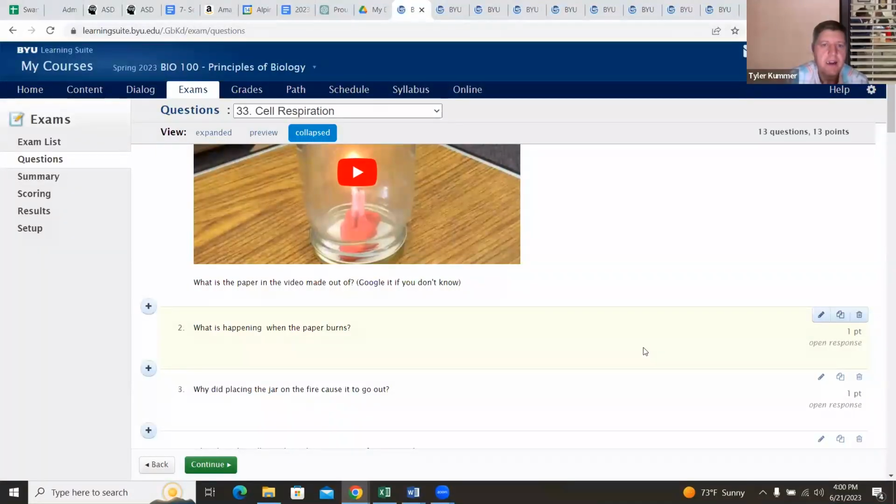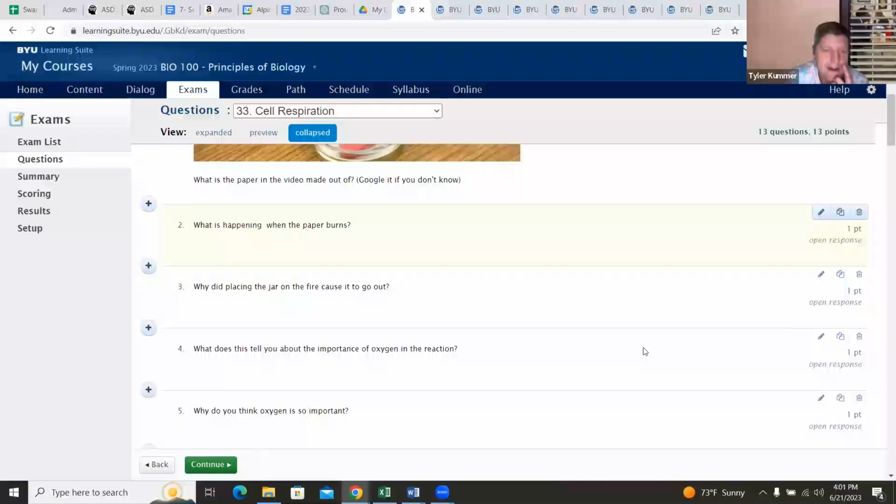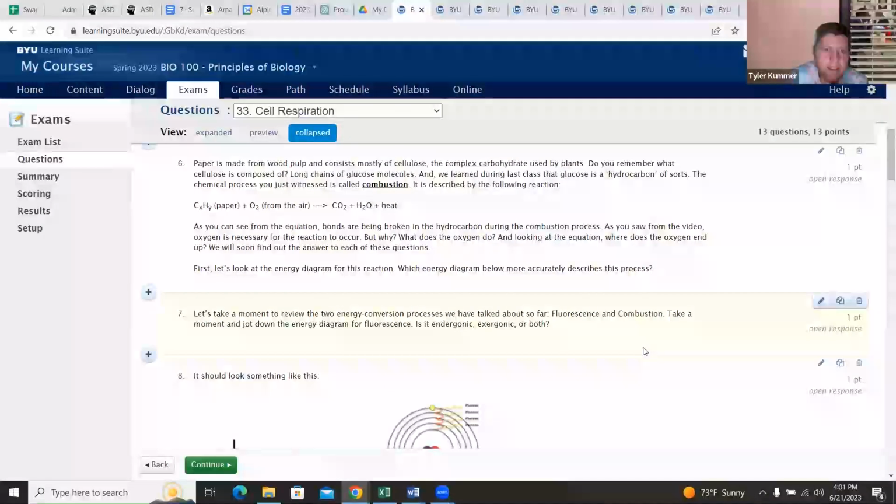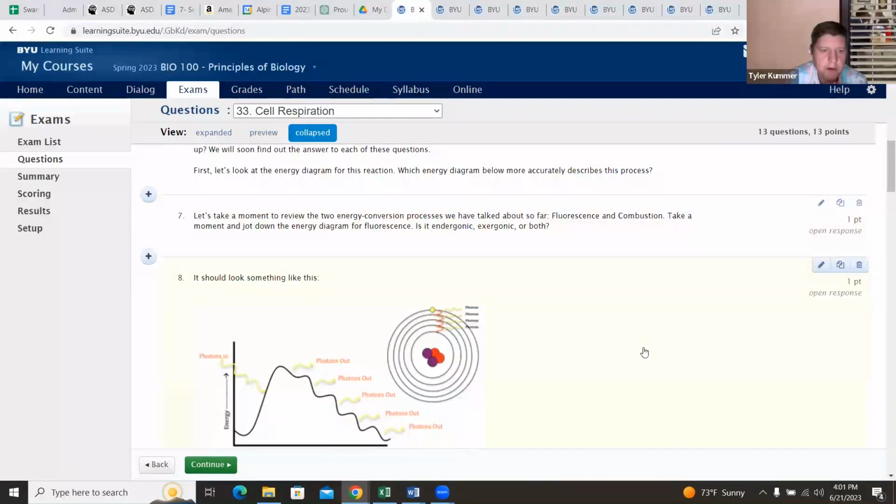It goes out because the oxygen in the jar is consumed, and when it is consumed, there's nothing left for that reaction to keep happening, right? And the reason is that oxygen is the final electron acceptor for the combustion reaction.